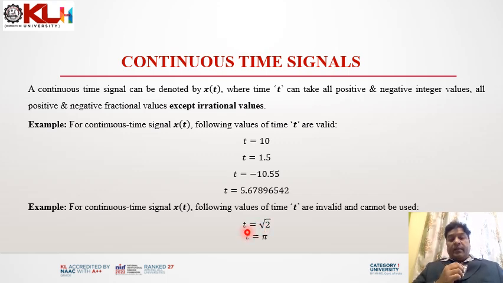If we take the time value as an irrational number, for example t is equal to square root of 2, the square root of 2 is 1.41414, going on with indefinite decimal places, therefore the value of the time is not precise, and hence we cannot take these irrational numbers for the continuous time values or any time values in general. So time cannot be irrational, time has to be precise.